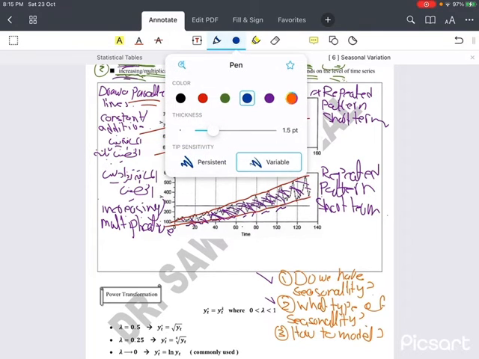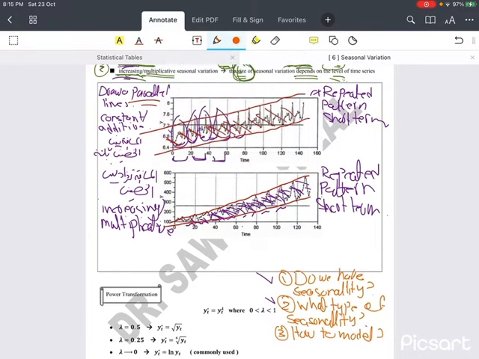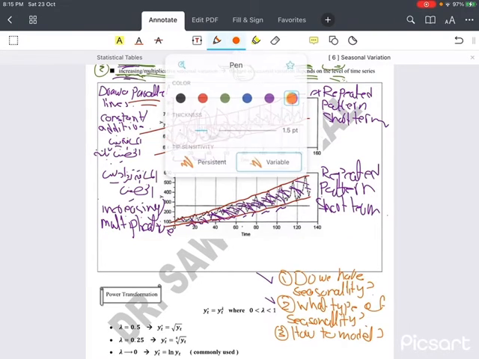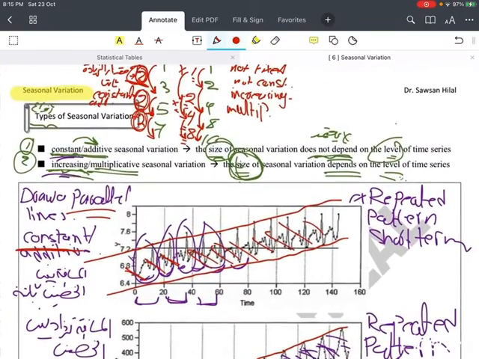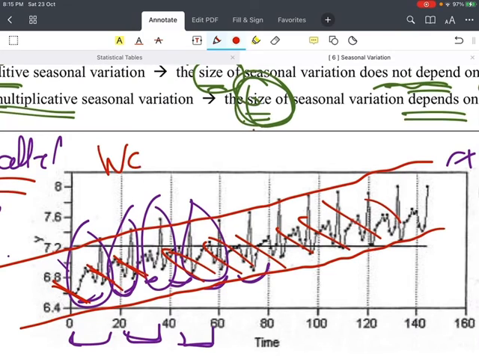Now you can see, okay, about how to model. How to model? You can model like that. If it is constant, okay, if it is constant, then just go and work on the model.